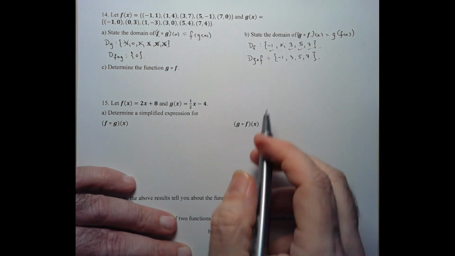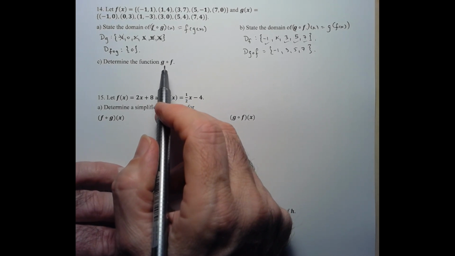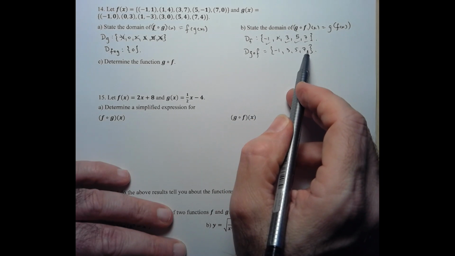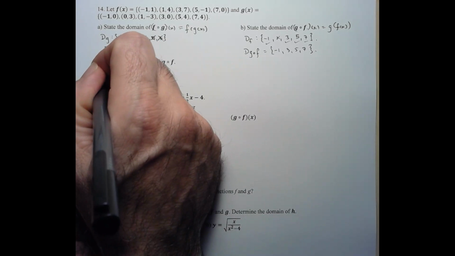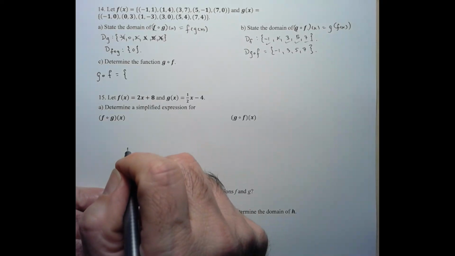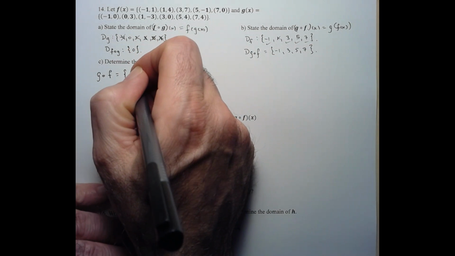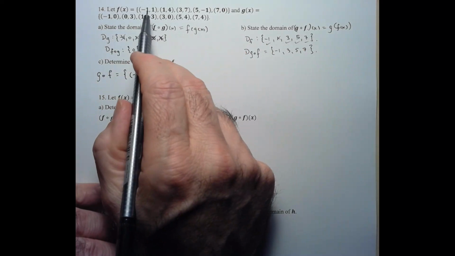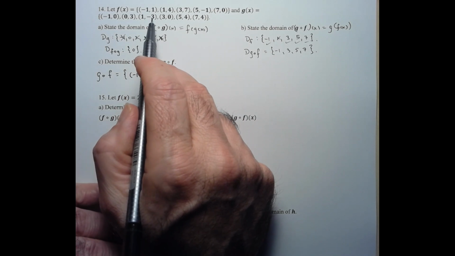This is the function that I wanted you to determine. So here I'm going to start with these domain values and then determine the outputs. Remember, it's g circle f that I want. What I'm going to be getting here is a set of ordered pairs. My first ordered pair is going to have an x value of -1. -1 becomes 1, then 1 becomes -3.